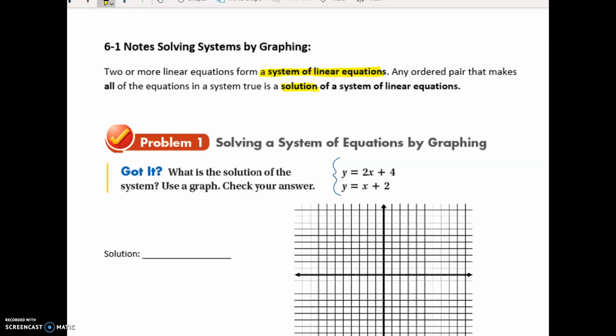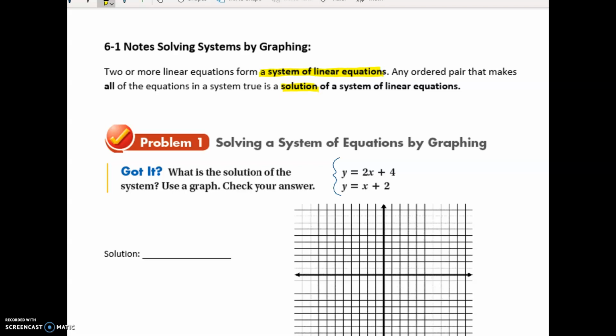So primarily in this chapter we focus on 2 linear equations together, but there will be times where I will give you a little bit more of a challenge and give you more than just 2 equations. But I think 2 is a good place to start.